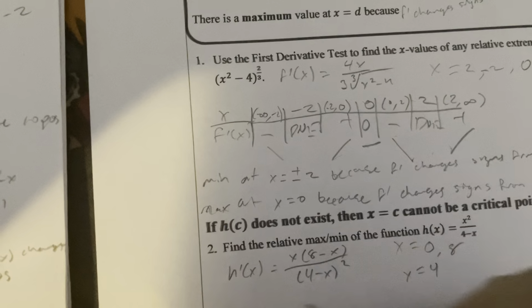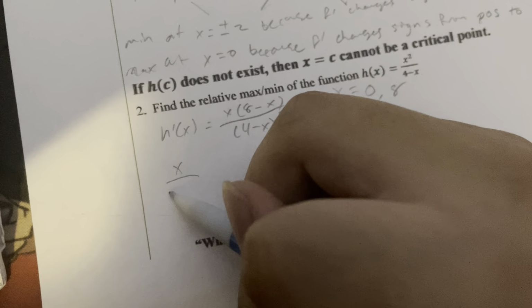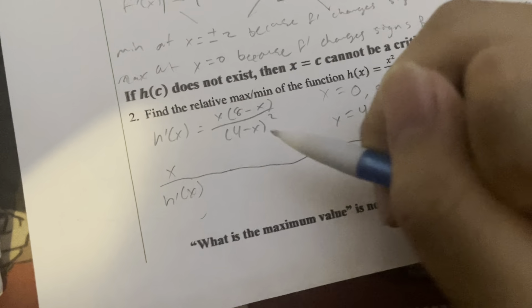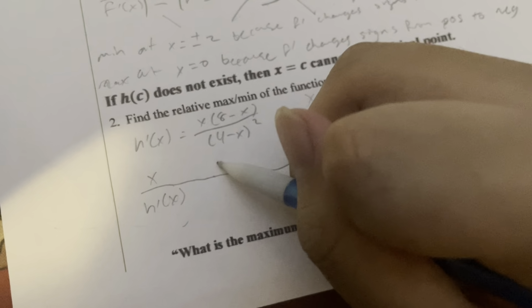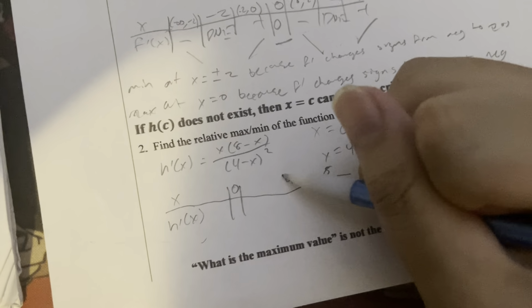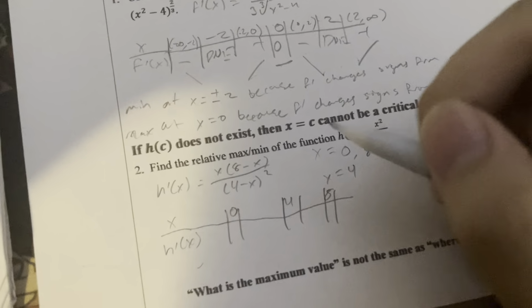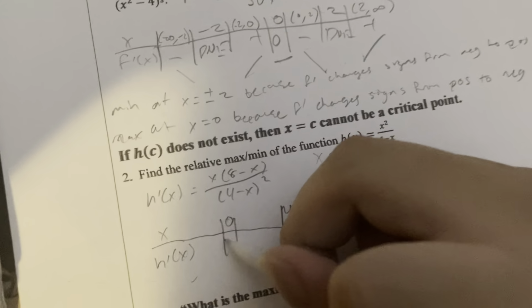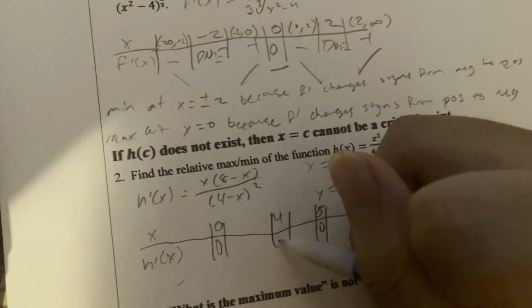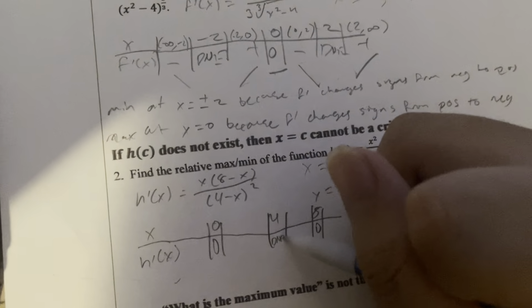Our table: x, h prime of x, 0, 4, 8. We know that these are zeros, and this is just a D and E. Now we put in domains.